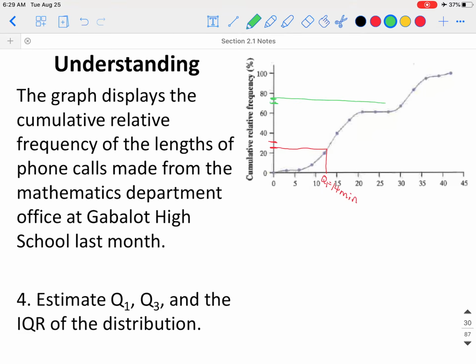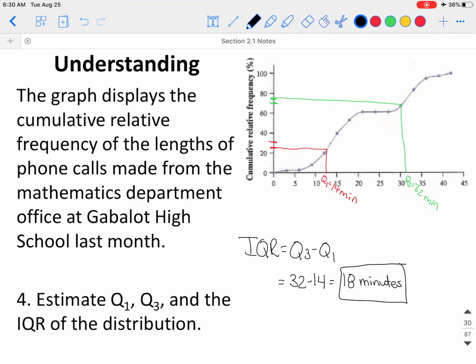So if we go over and we go down, the Q3 is at about the 32-minute mark. So remember, to find the IQR, we do our Q3 minus Q1, which in this case will be 32 minus 14, which gives us 18 minutes for our IQR. And remember, the IQR tells you the range or the spread of the middle 50% of the data.